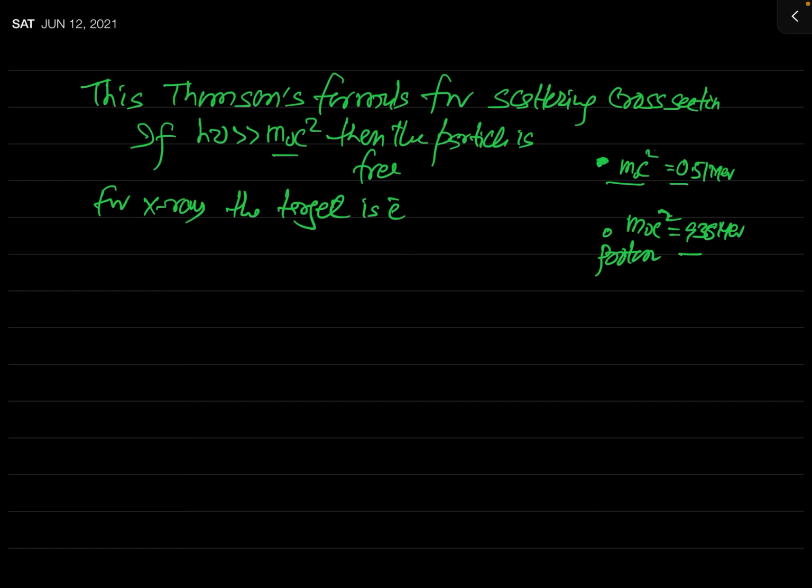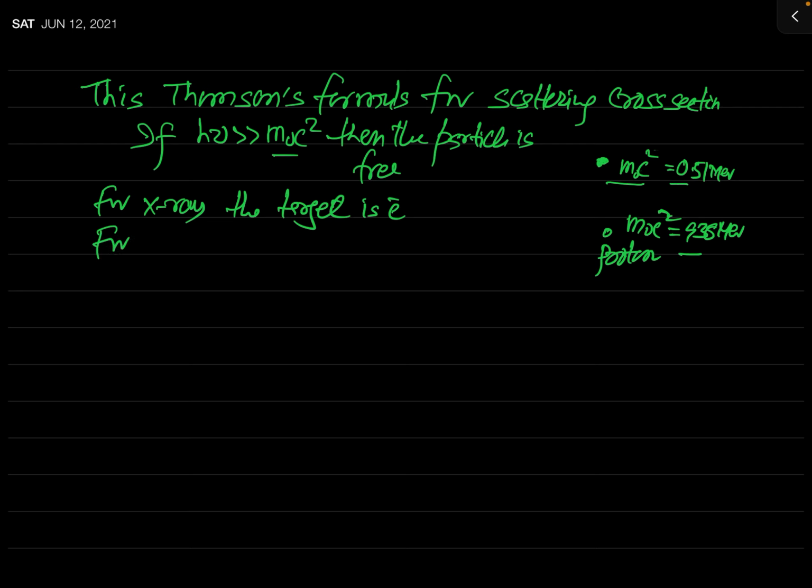So this proton does not behave like a free particle if X-ray is incident on it. But when gamma radiation strikes this proton, the gamma photon is much more energetic than the X-ray photon. So in that case, this proton will behave like a free particle.